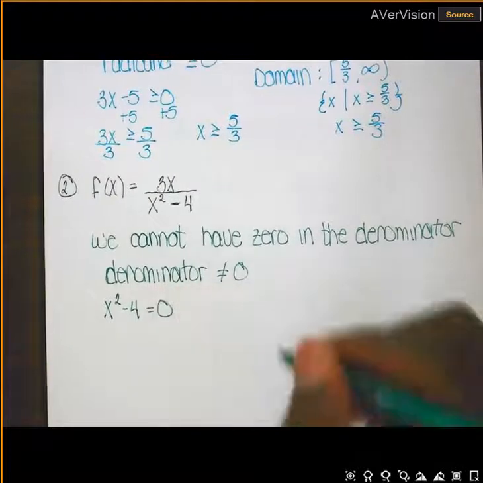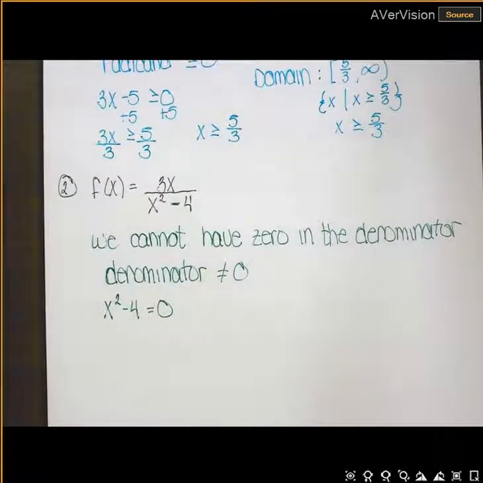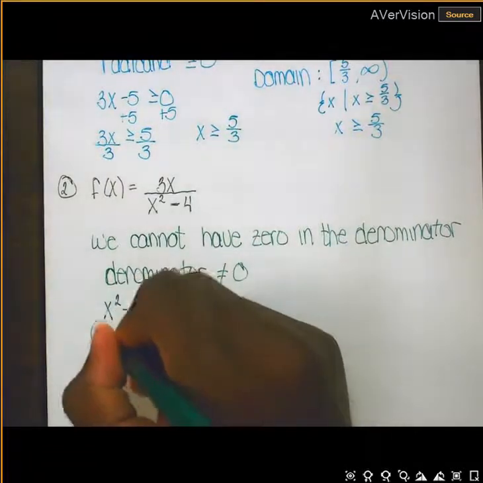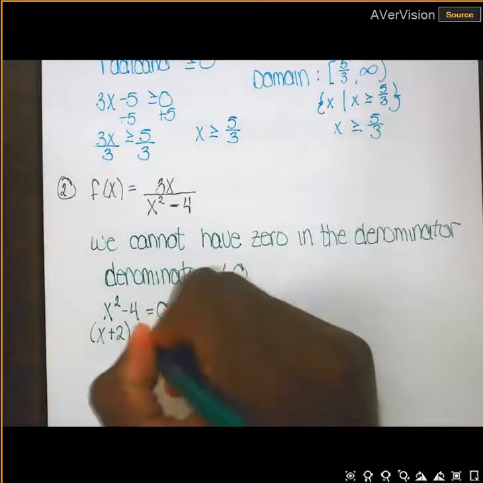How do we solve this one? There are two ways we can solve this one. What's your first way? We can factor it, yeah. And this factors down to x plus 2, x minus 2.